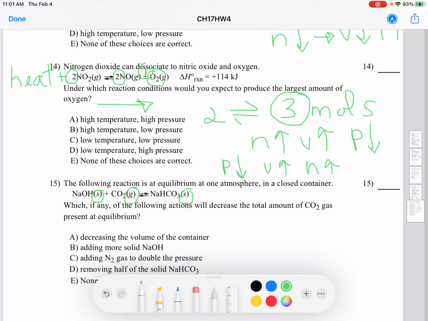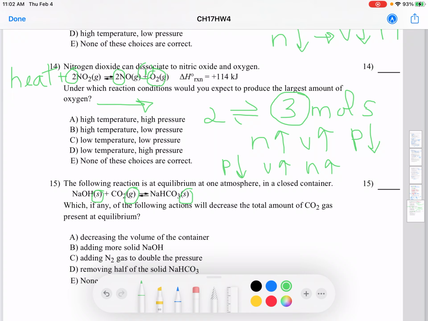Remember that by adding a solid, nothing happens to our equilibrium, because only what you find in the Kc expression will have an effect on the equilibrium position. We only put gases and aqueous substances in our Qc expression, not solids or pure liquids. Remember that?